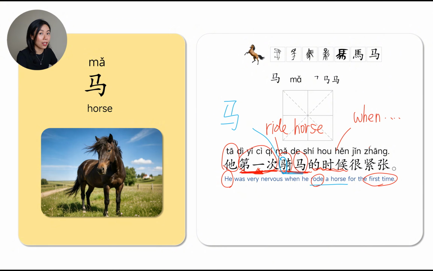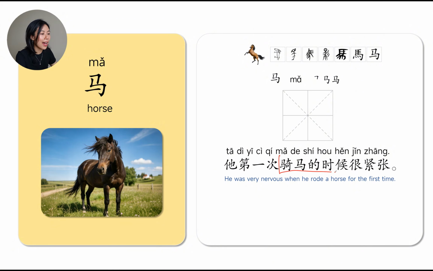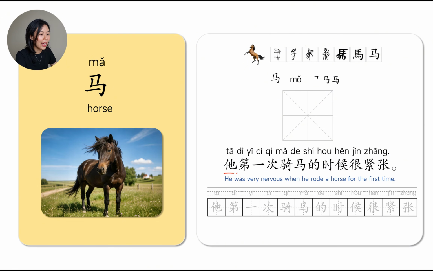Alright? 骑马的时候 when riding a horse, when he rode a horse. Okay? 很紧张 is very nervous. So the whole sentence, 他第一次骑马的时候很紧张. He, the first time riding a horse, very nervous.